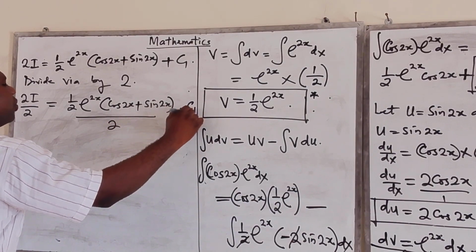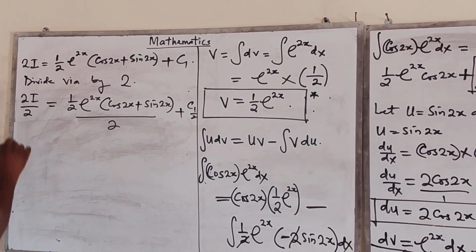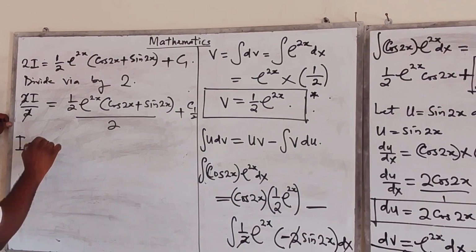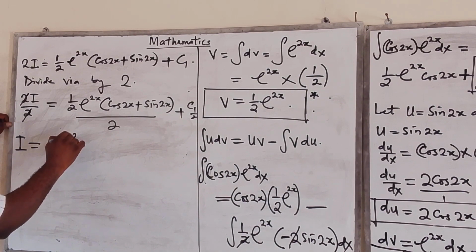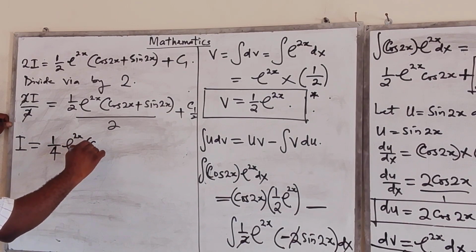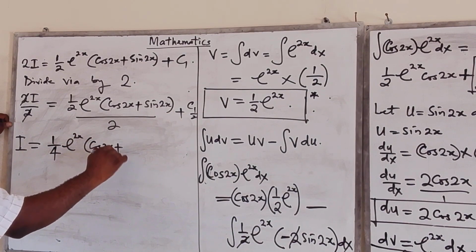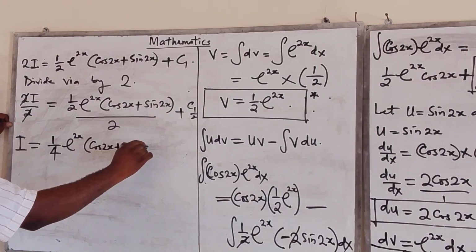Now let's go C1 over 2. So in this case, this 2 will go with this 2, I'll be left with I. So I now will be equal to half divided by 2, that will be 1 all over 4, then we have e raised to the power of 2x in brackets cos 2x plus sine 2x.